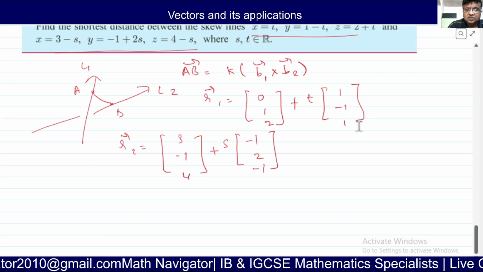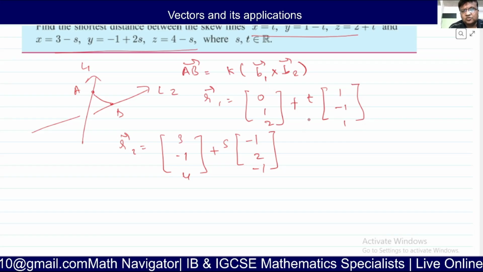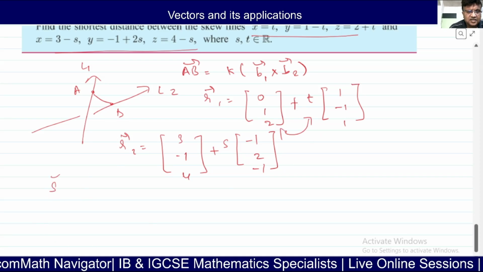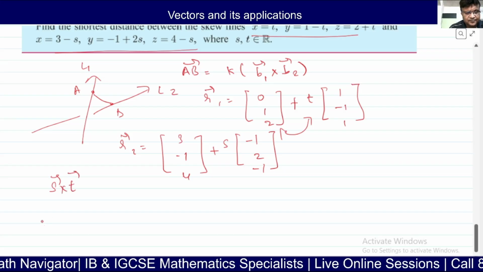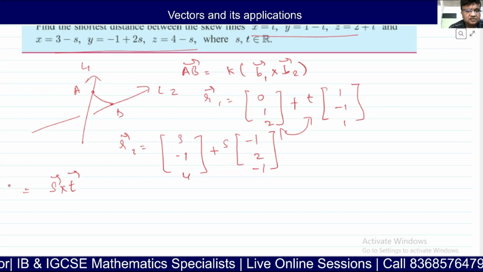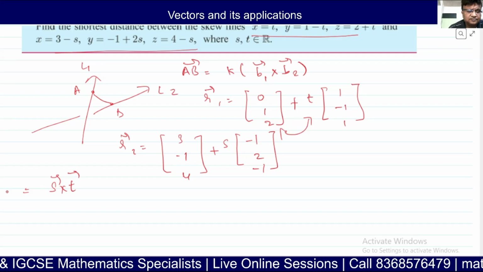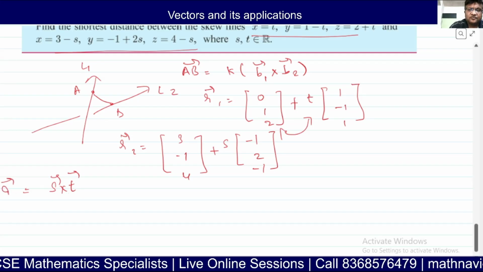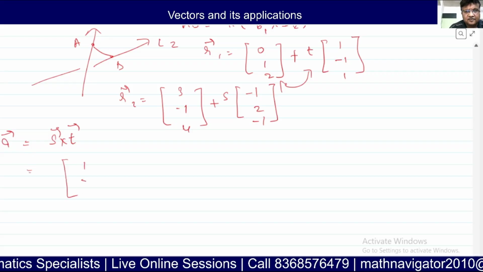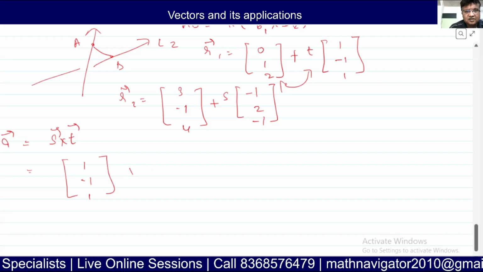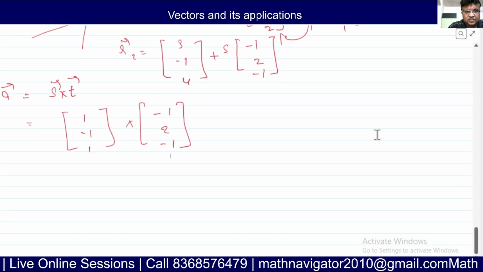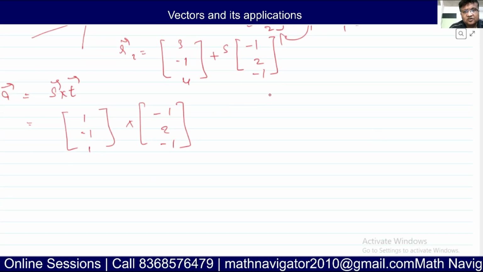Got it. So now I have to take the cross product of these vectors, vector s cross vector t. Let's call it vector a. That means I have to do the cross product of (1, negative 1, 1) with (negative 1, 2, negative 1). I want to find the cross product of these two vectors. So how do we find the cross product?